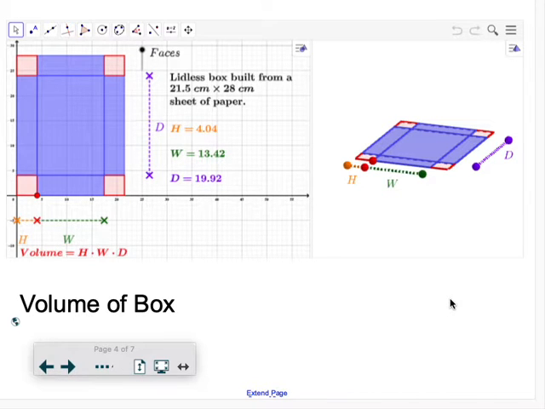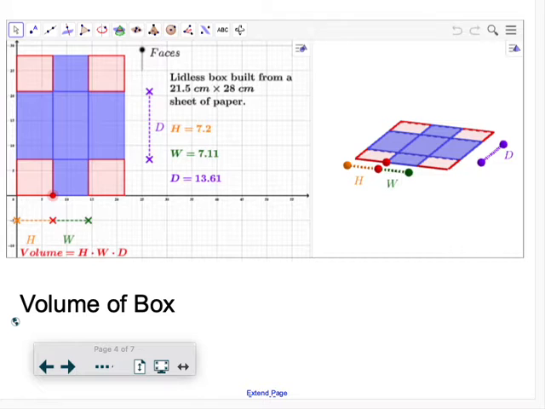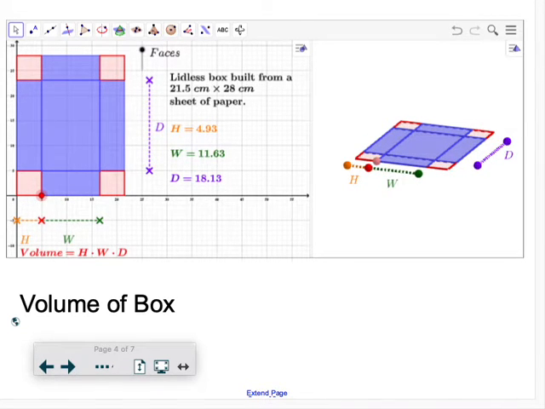Then we have these squares we're cutting out, and you can see them in red here. So you have these 4 squares that we're going to remove. Then we're going to fold it along the edges and create a box. You can change the size of the squares you remove, and that's what we're going to investigate today.